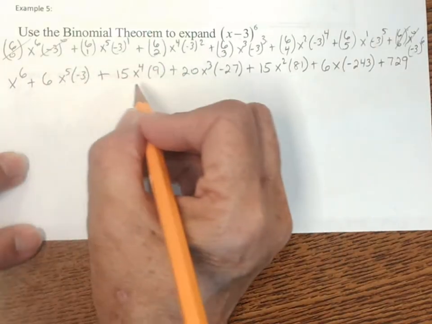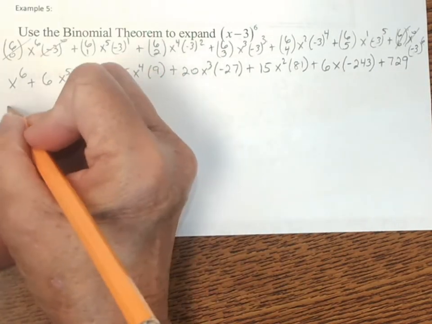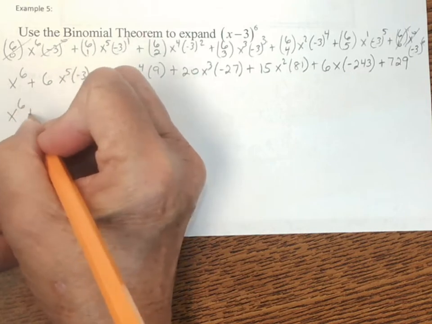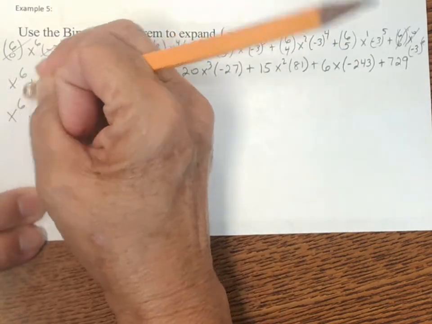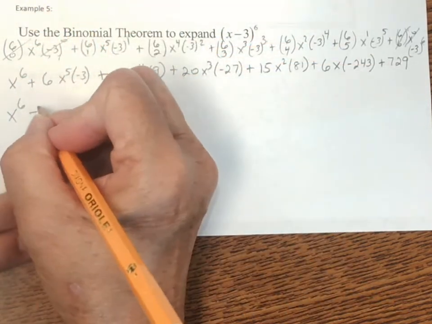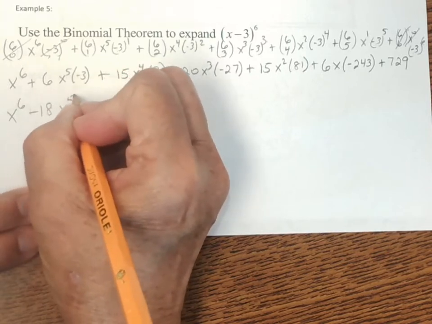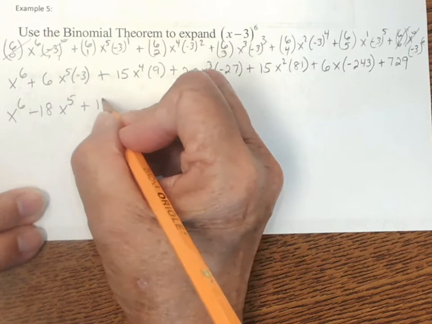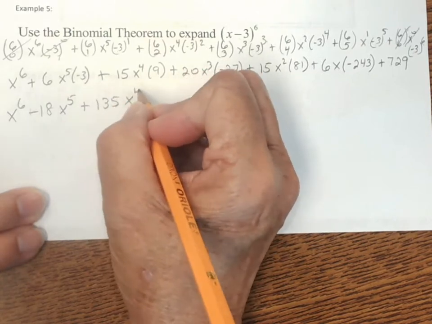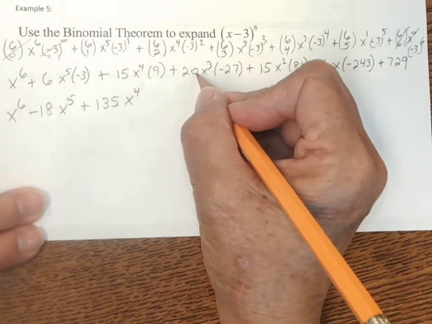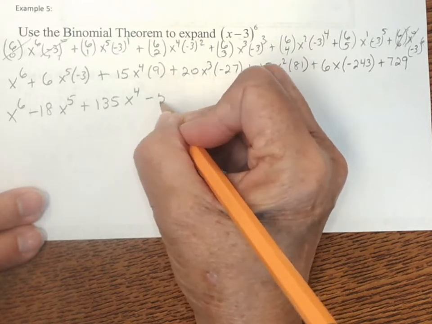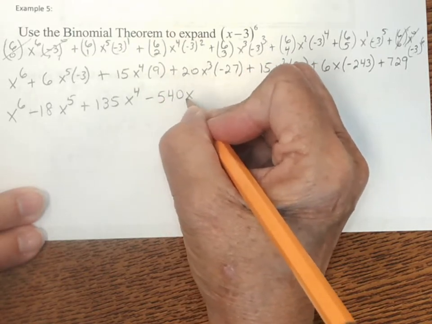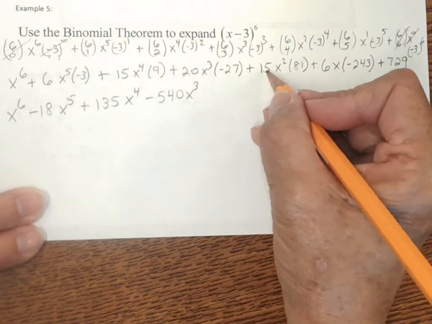So let's just simplify the remaining terms here. So we've got x to the 6th, plus this next one, 6 times negative 3 is negative 18, x to the 5th, plus 15 times 9 is 135, x to the 4th. 20 times negative 27 is negative 540, x cubed.